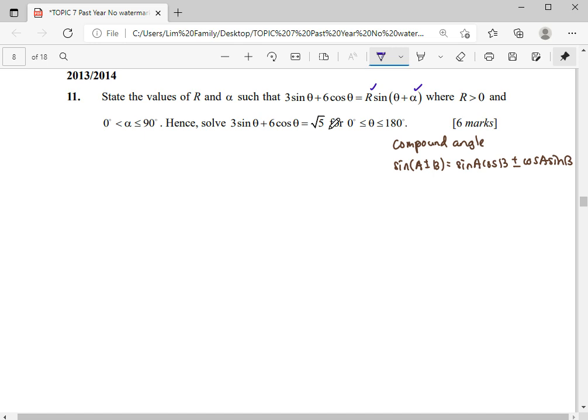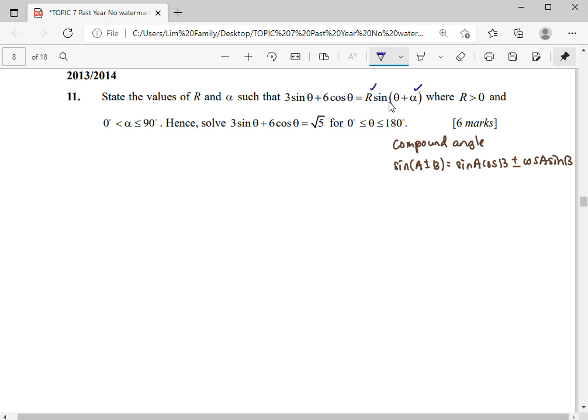Firstly we go for the expression here. We express these two trigo terms, sine theta and cos theta. They are already very simple, so we express these two simple terms into a single compound angle sine term.